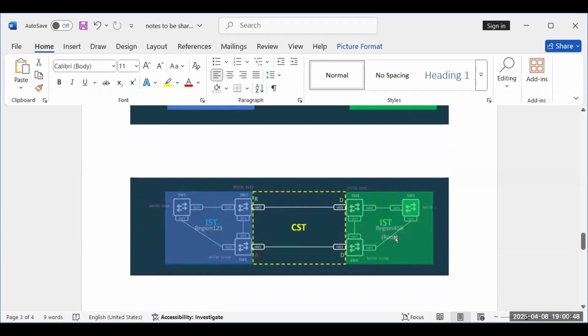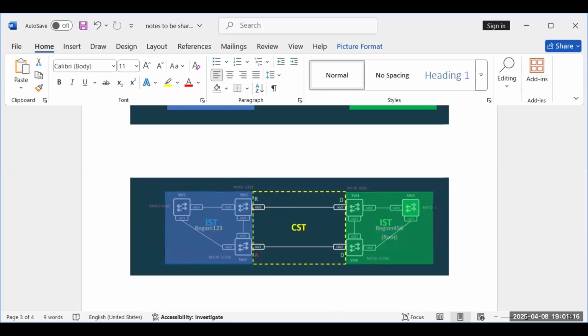IST is internal, CST is common spanning tree. This section is defined as root. This section is defined as non-root. And the connection between these two regions is called the common spanning tree.